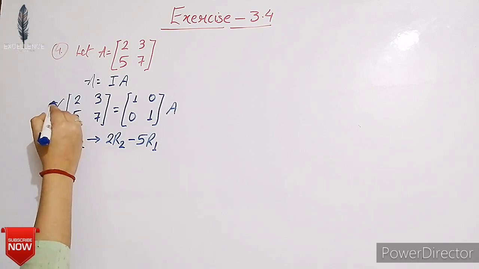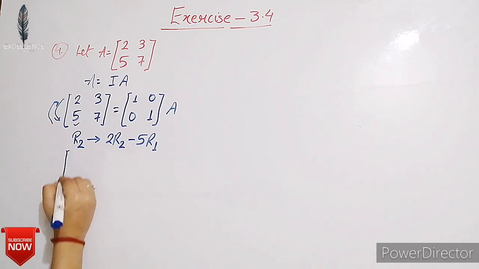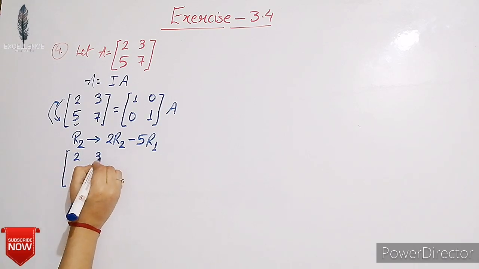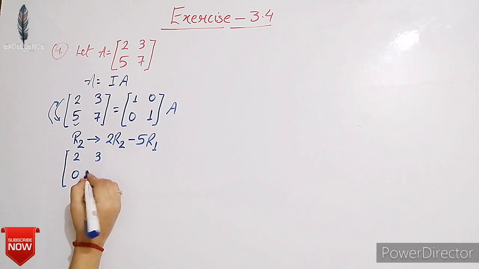Then 2 से 5 में मल्टीप्लाई करेंगे, 5 से 2 में, then we get 0. Clearly, so R1 is same 2 3, and here 10 minus 10 is 0.